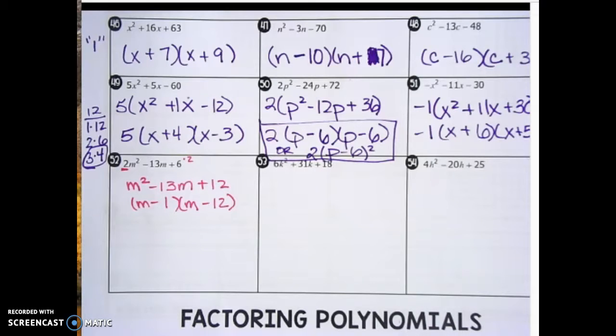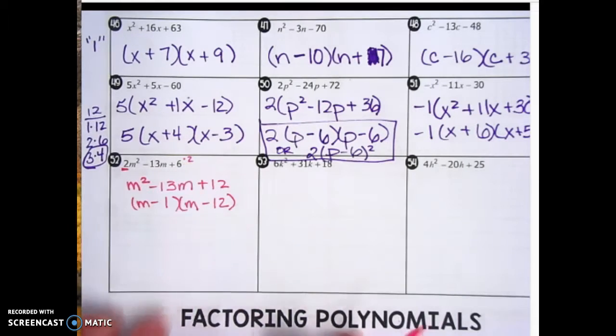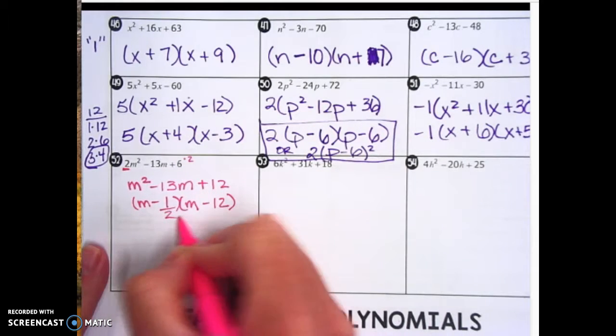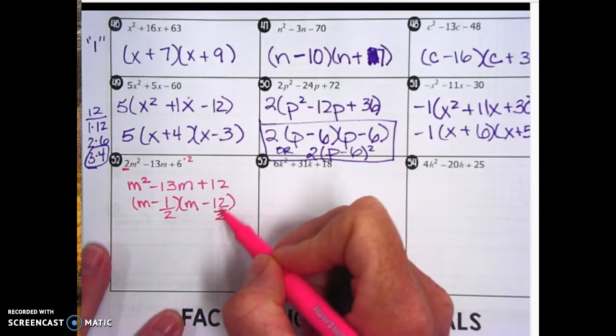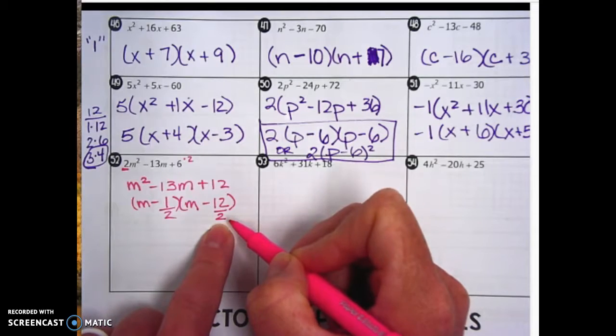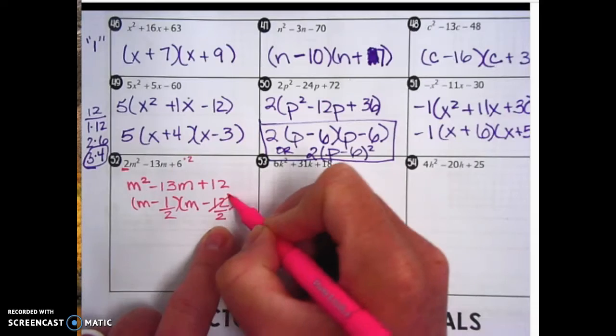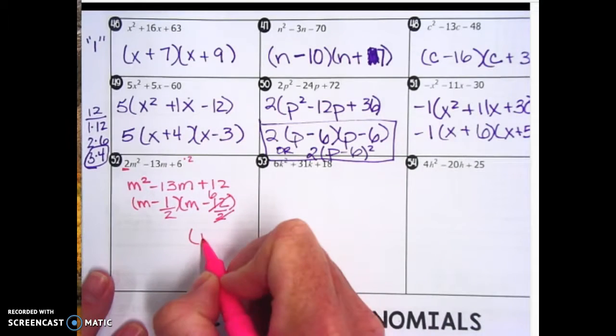We have to do the slide, right? We did the slip, now we have to do the slide. The slide is that we have to slide that 2 here, and divide by 2 and divide by 2. If the number is easily divisible by that, like 12 is divisible by 2, it goes in there 6 times, we just write this as m minus 6.